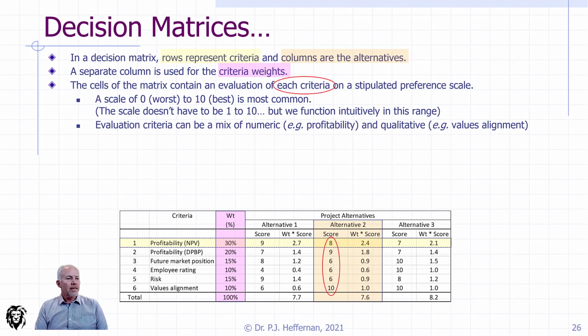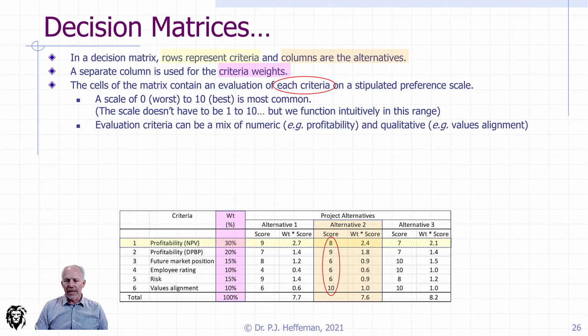Then within the cells of the matrix under each of the alternatives, we need to arrive at a score. This is where we're going to use those criteria scores that we talked about a couple of slides ago, and we have to figure out what they are. We're going to use a scale where 0 is the worst and 10 is the best. 0 to 10 is a very common and easy-to-understand assessment.